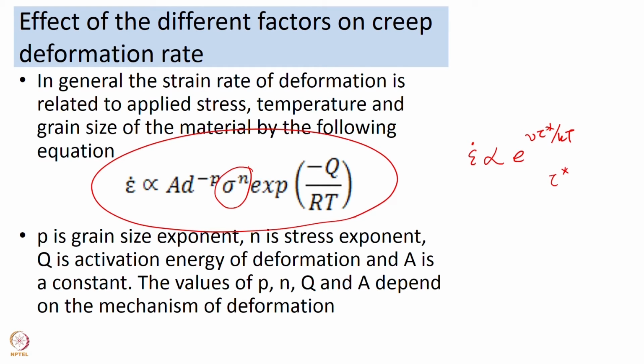The final equation that people have by and large noticed is of this form. This is the dependence of strain rate on sigma. At very high stresses this relation also changes, and that is something that I am going to cover in the coming portions. At very high stresses, the dependence of strain rate epsilon dot on sigma can take an exponential form, and this is generally known as the power law breakdown, which will be discussed in the coming section.